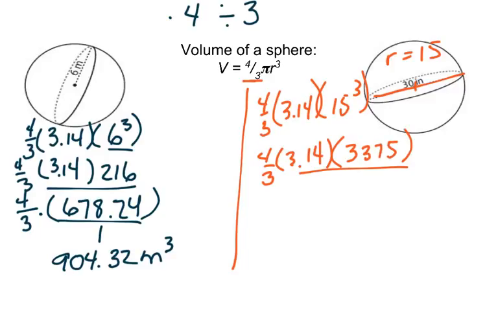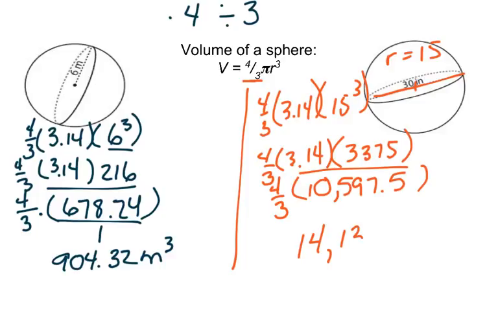Multiply that by 3.14 and you get 10,597 and 5/10 times 4/3, which means multiply 10,597 and 5/10 times 4, divide it by 3, and your answer is 14,130 inches cubed. Don't make this harder than it has to be.